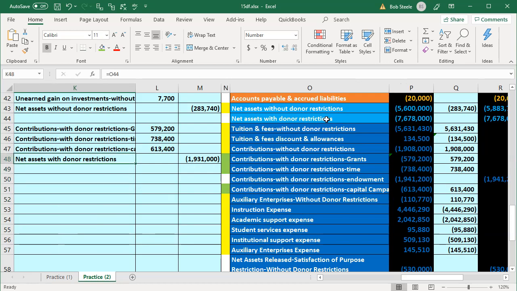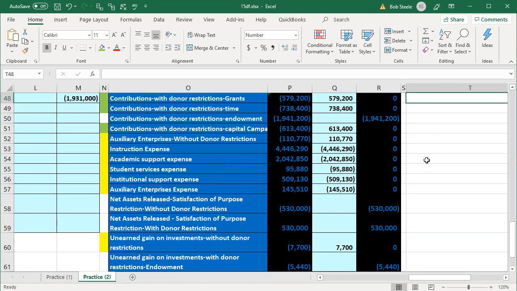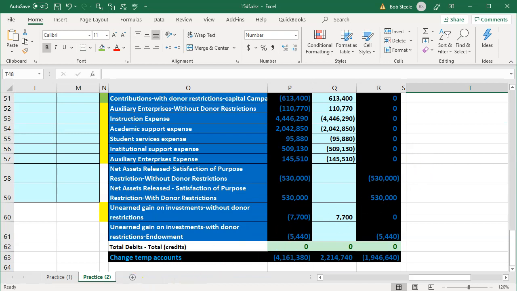Then we have the net assets with donor restrictions. That's going to be posted to cell Q44, equals, scrolling down to the 1,931,000 and enter, bringing it up. That should put us back in balance down below, so we are back in balance.